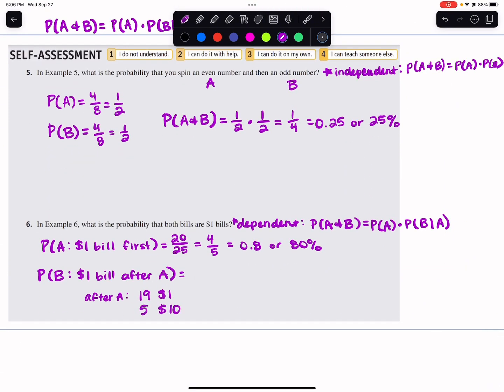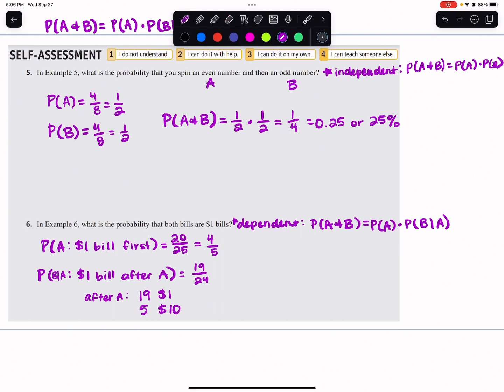So now the probability that I pull a $1 out now is 19 over 24. I can't simplify that at all. Oh, and then I wrote that wrong. That's probability of B given A. Let me fix that. Okay, so using my formula, I don't know why I found the decimal here. You do not need to find the decimal for that.